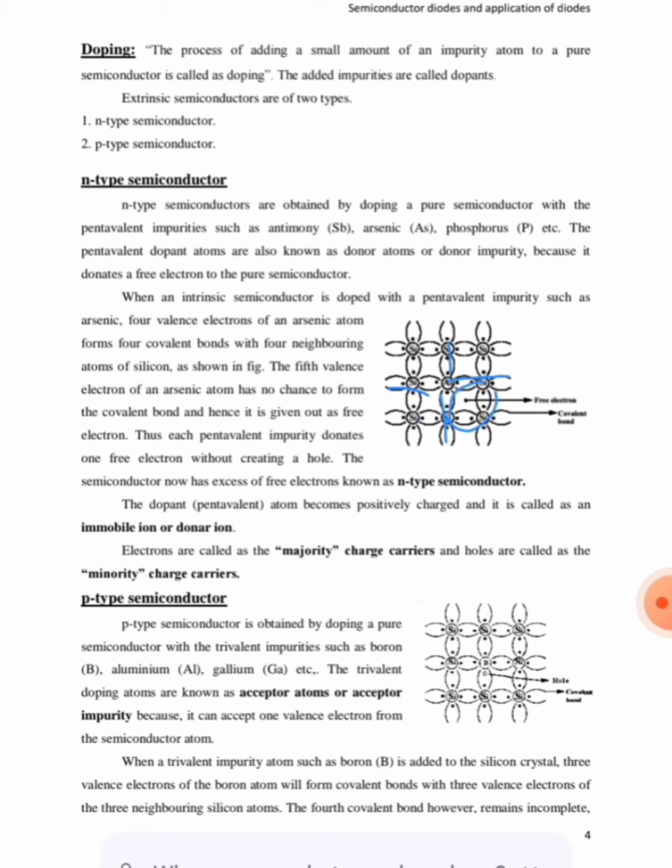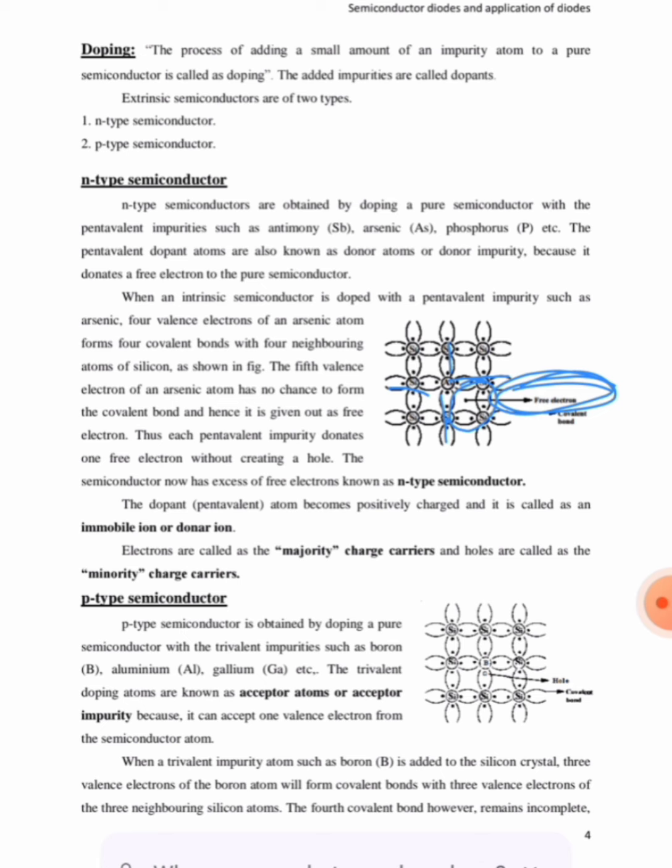Whereas the fifth electron is set free, and that fifth electron is called a free electron. If I add one arsenic atom, one free electron will be created. If we add 1000 arsenic atoms, 1000 free electrons will be generated. So, with the impurities added, the number of free electrons will increase.